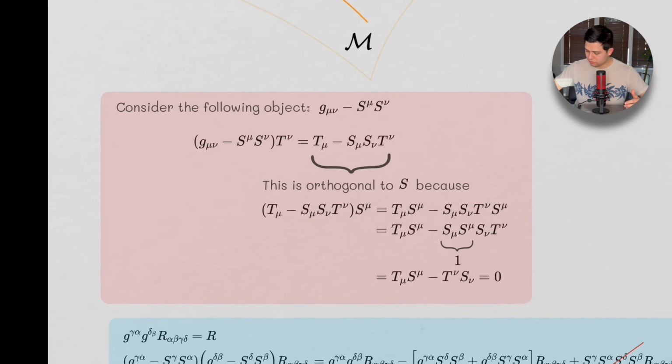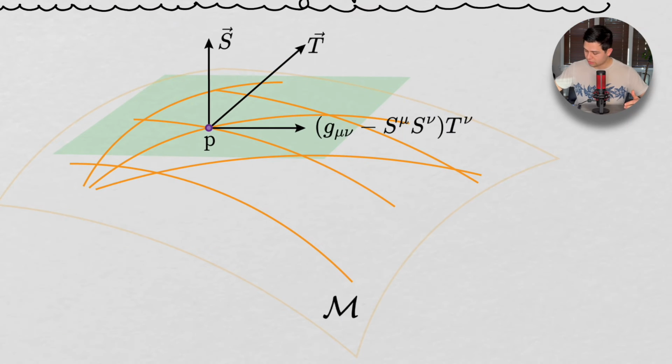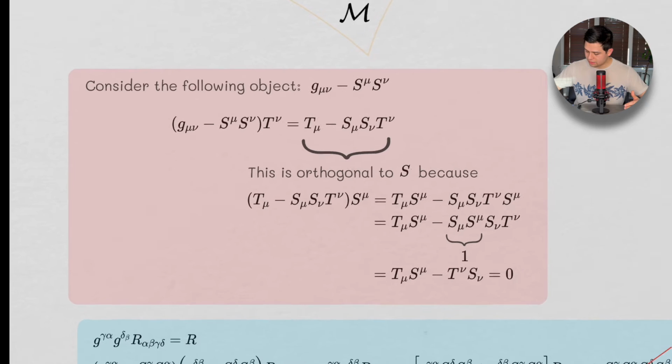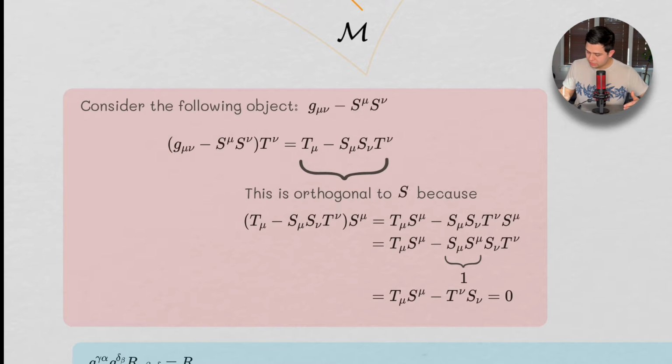So we're going to consider the following object. This is that object I initially talked about, which is this right here. What we want to do is apply this to t, just like I talked about. When we do that, we raise or lower the index on t with a metric, and then we just have t hanging out at the end here.